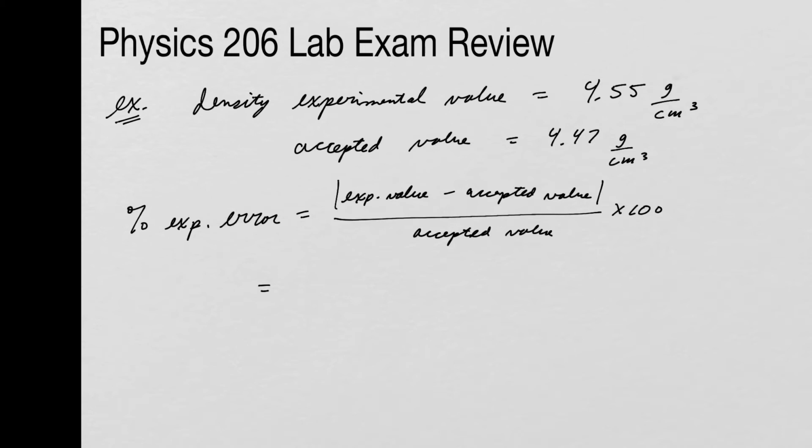So in this case, it would be 4.55 minus 4.47 divided by 4.47 times 100, and that equals 1.79%. Okay, so that would be your percent experimental error, and the lower the error, the better.